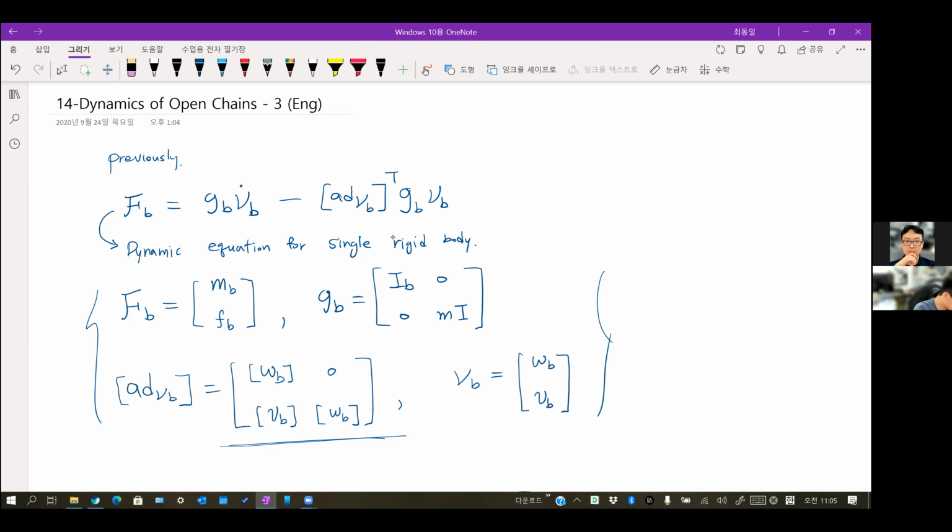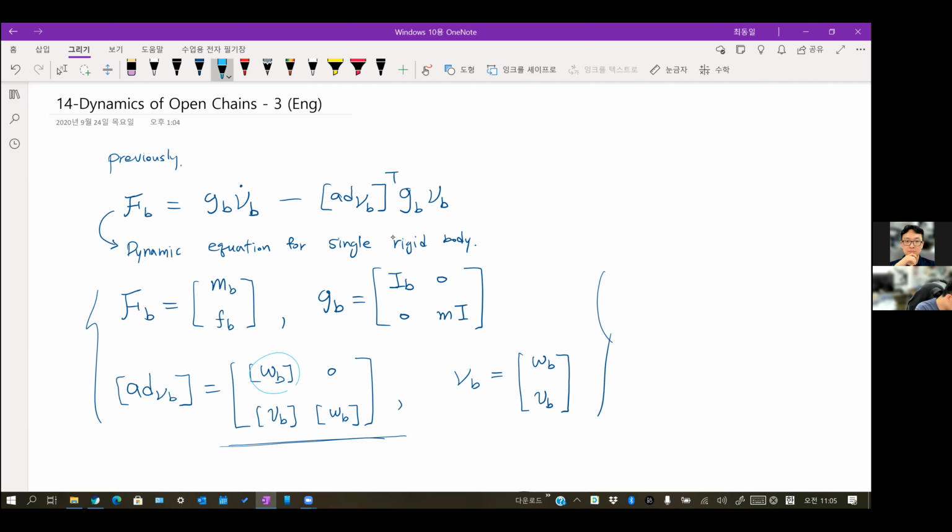And we learned the new concept of the small adjoint. There was the large adjoint and there is the small adjoint. This one is the Lie bracket of twist V. Using this concept, we can make this kind of matrix.